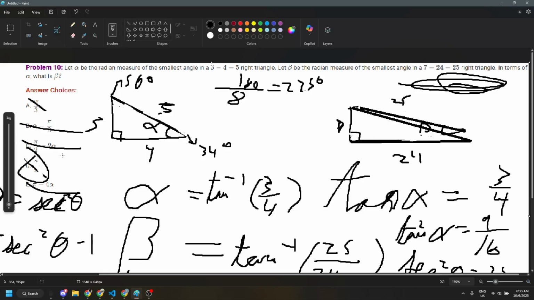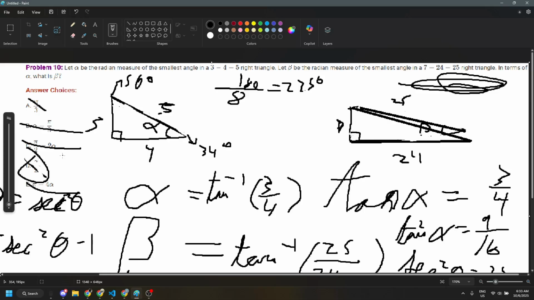So they got sine and cosine of alpha, and sine and cosine of beta. Then they did the double angle formula and got sine of 2 alpha.